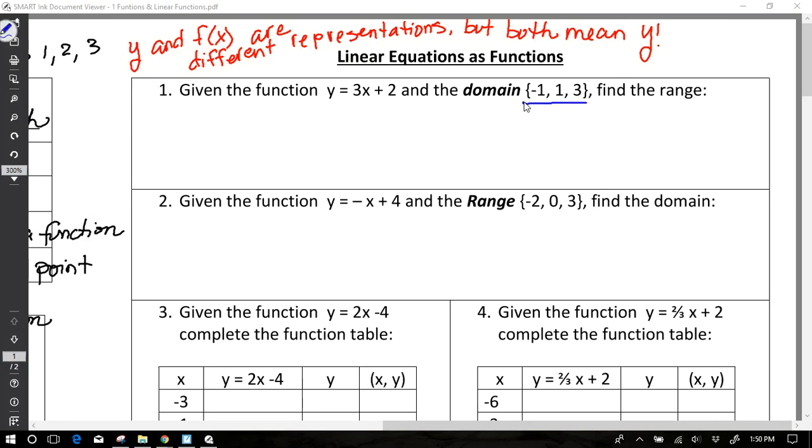This is still going to be your list, because it's your domain, your x values. So I'm going to break this problem up into 3 different parts. And then at the very end here, I'll know what my range is. And that'll be my answer.